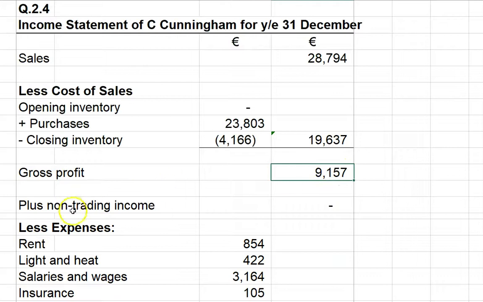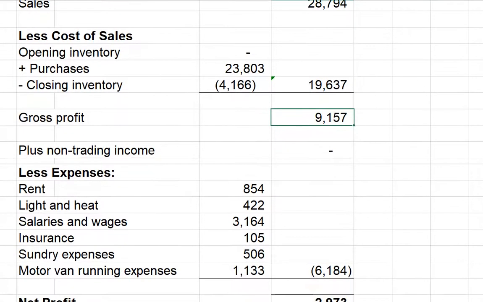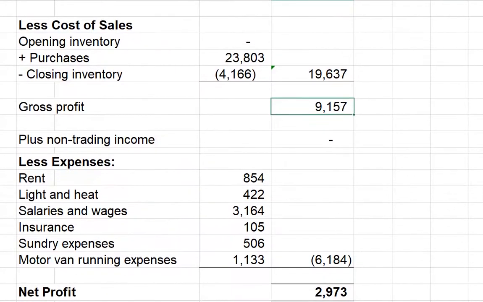And then from our gross profit, we add any other trading income, which we've none, and we take away the expenses to get a net profit of 2,973. And that net profit then will be carried down to equity in the statement of financial position. We'll see that figure again.